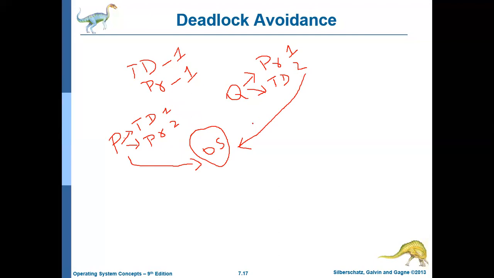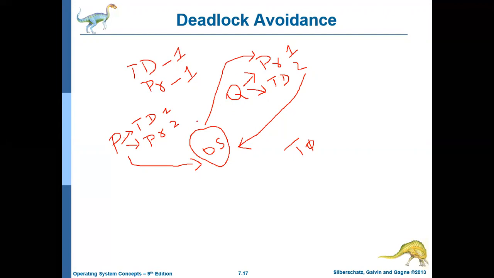Now let us say that at time t0, the printer was allotted to process Q. The tape drive is not yet allotted, but the operating system knows that after some time Q will require the tape drive, because it has collected that information a priori.